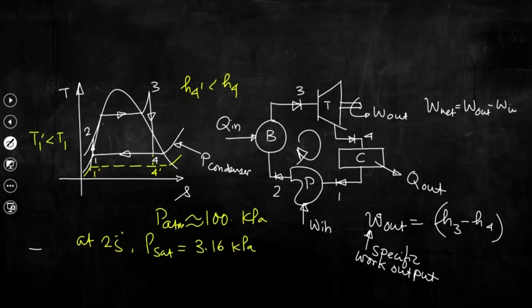That means, if we can design the system in such a way that the entire condensation process, or this phase change process, where steam will be converted into saturated liquid, takes place at a pressure substantially less than the atmospheric pressure, the specific work output will be more, because the enthalpy drop will be more. H3 is fixed. So, H3 is equal to constant for this case, right.